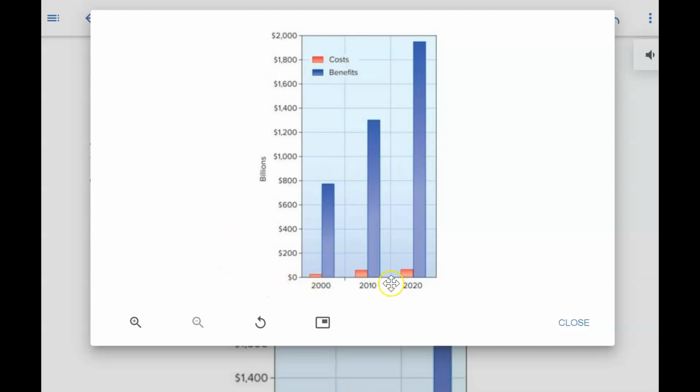And for each year, we have two bars here. The red bar is the cost, and the blue or purple bar would be the benefits. Right, so this is a typical bar chart. We have two categories that show us billions of dollars. The costs and the benefits are the two categories.